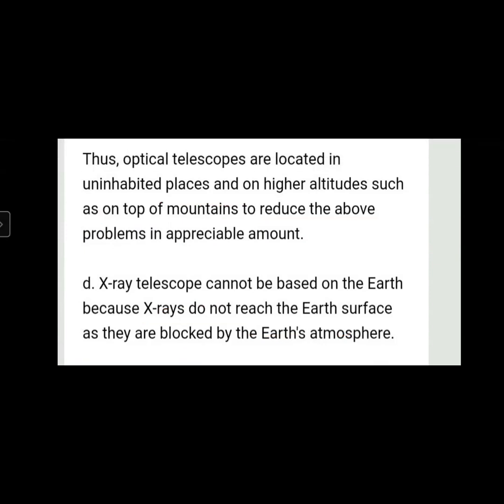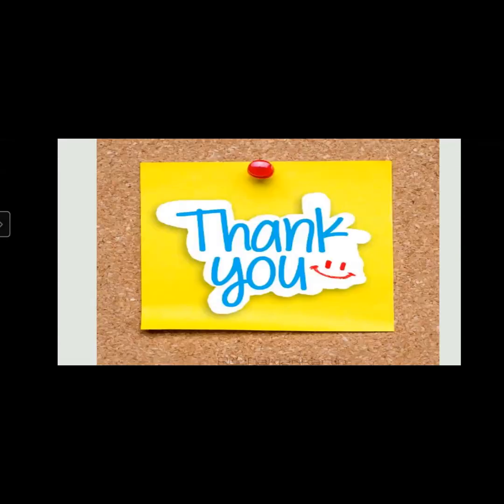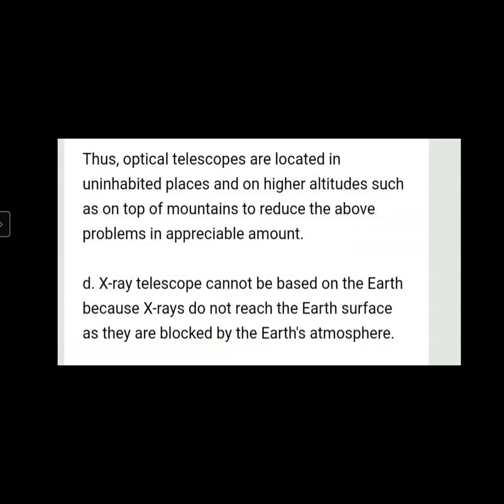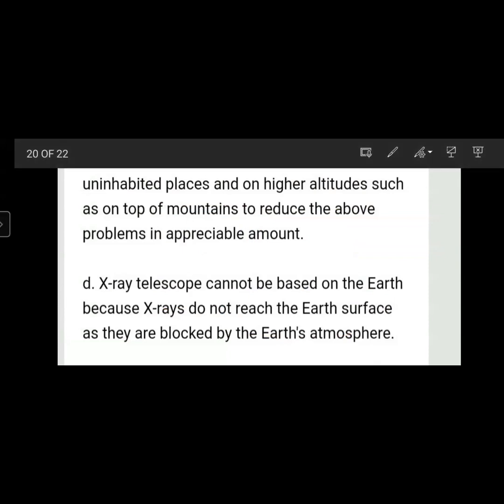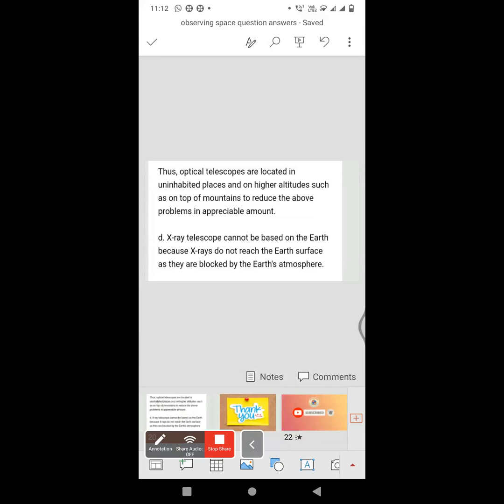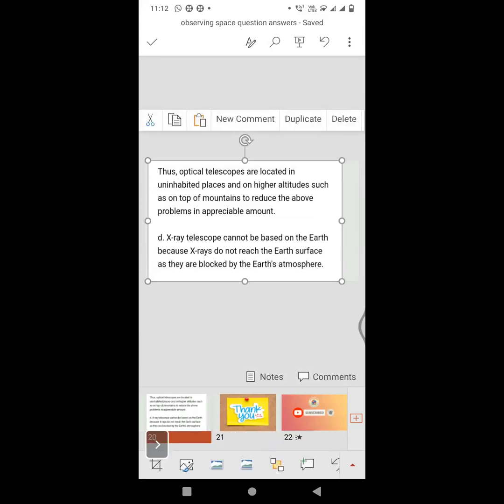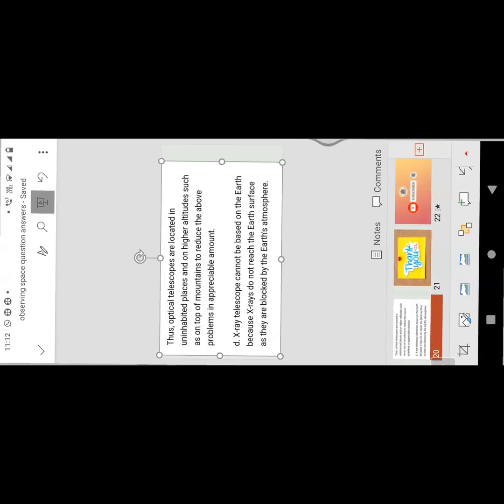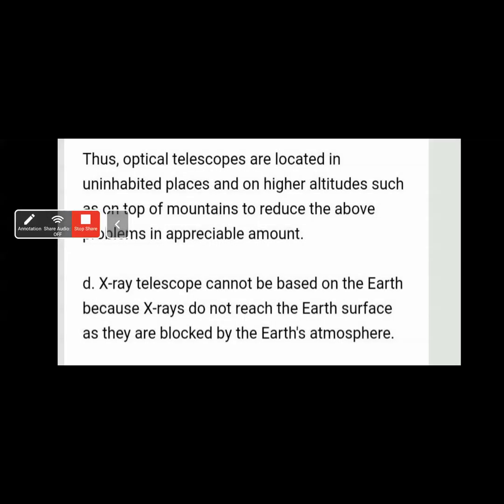Let us see whether the answer is more or what. Okay, no, only this much is the answer for that. So X-ray telescopes cannot be based on the Earth because X-rays do not reach the Earth's surface as they are blocked by the Earth's atmosphere.